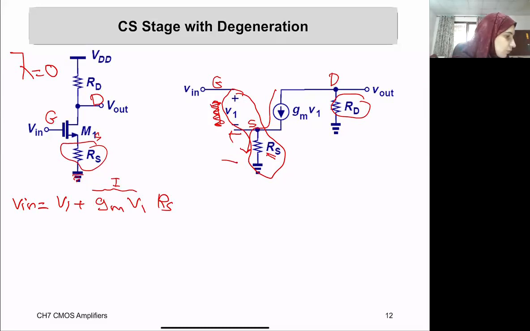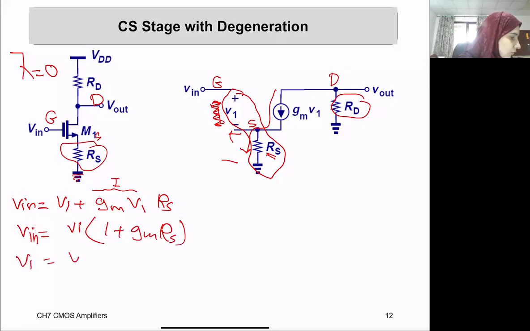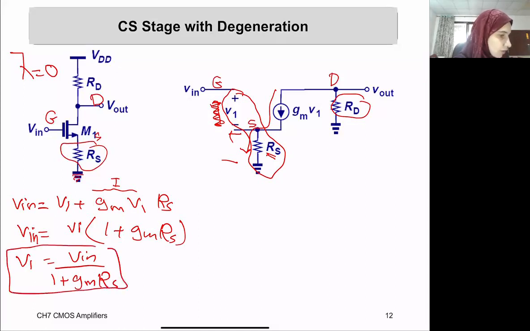If I want to make V1 on one side, V1 equals Vn divided by 1 plus Gm times Rs. Okay, this is an important relation for us.